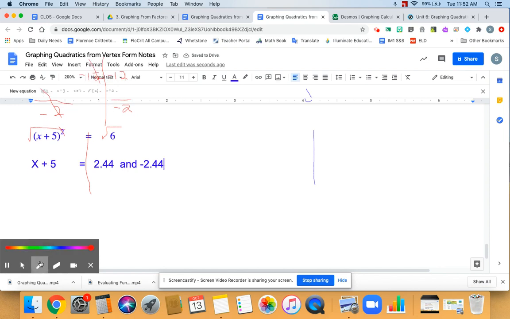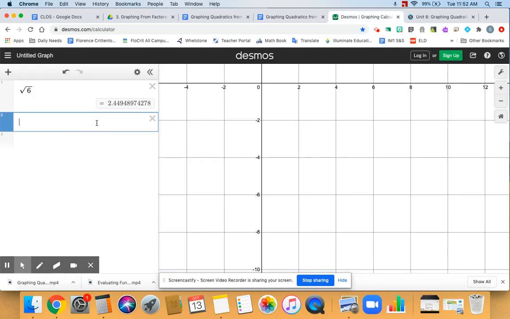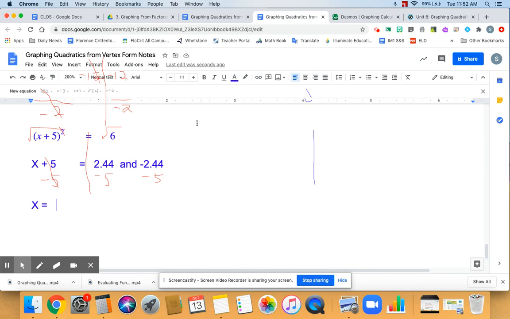What's the last step in solving for x? We have to get rid of the plus 5 by minusing 5 to both of my answers. So on this side, the plus 5 minus 5 will eliminate. We find out that x is going to equal 2.44 minus 5 is negative 2.56.